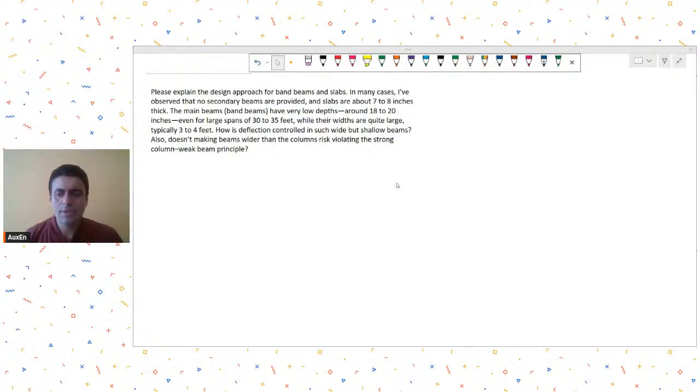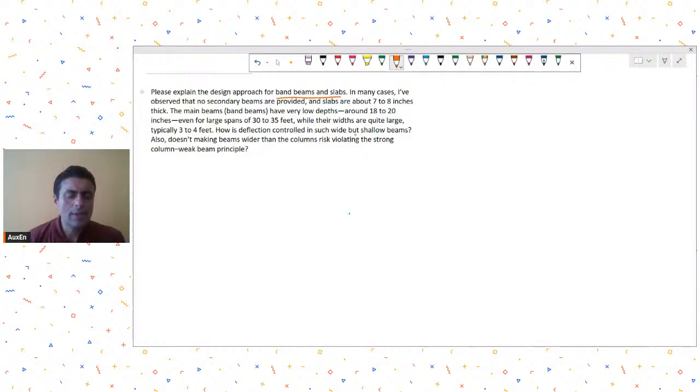Band beam, what does it mean? I think what I'm guessing is that maybe the band beam means some sort of beams that are provided as transfer beams or transfer girders, maybe, though I'm not sure about it.